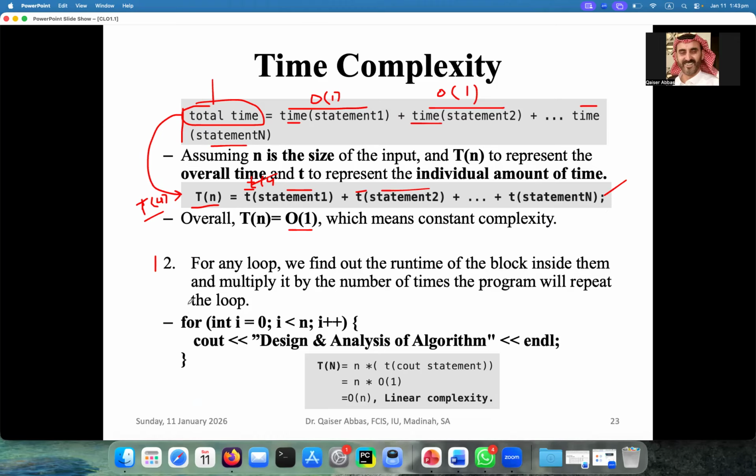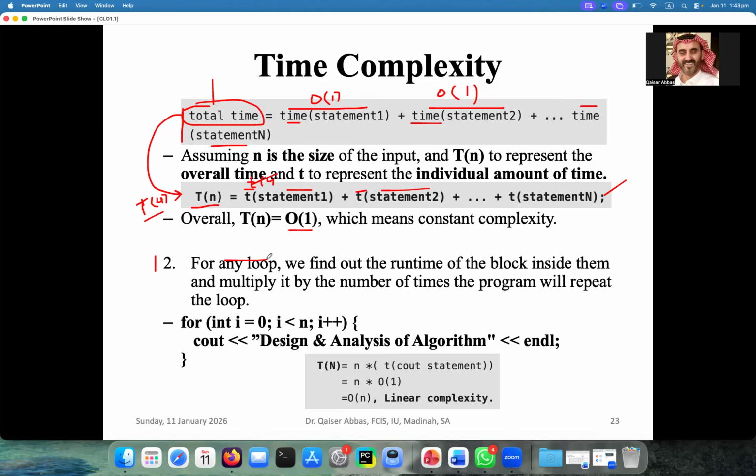Okay, now here, rule number 2. If you have a loop in your algorithm or code, then first you have to find the running time of the body of the loop. In the body of the loop, you can have one statement or multiple statements.